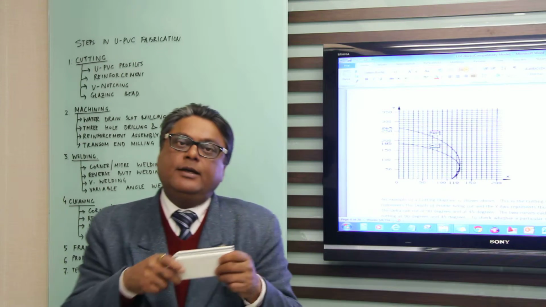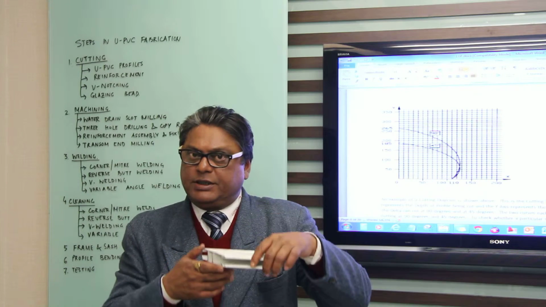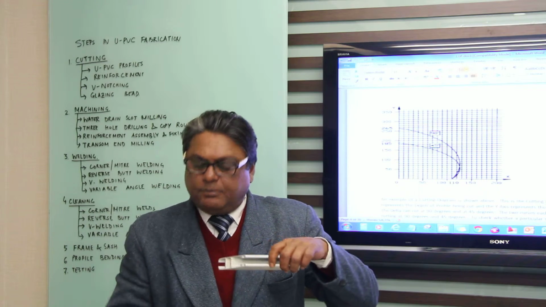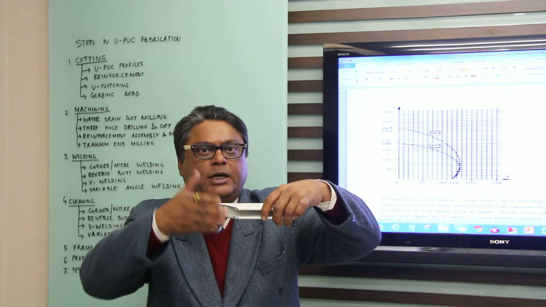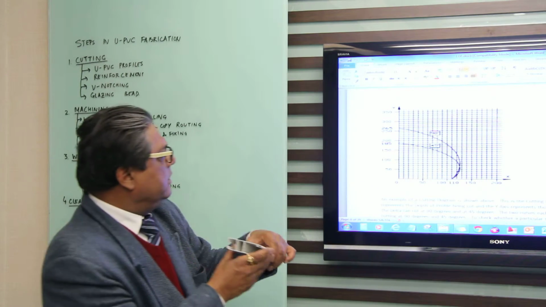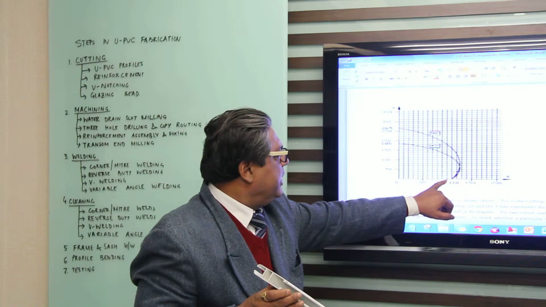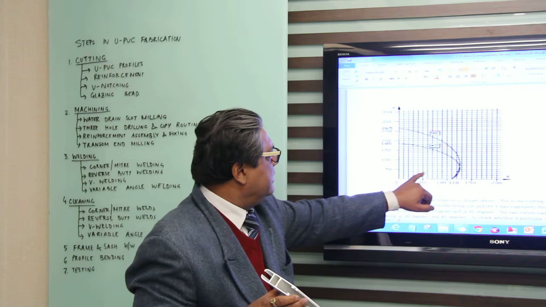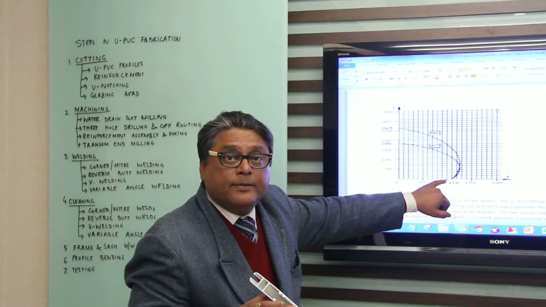Having decided that, see which saw you are talking of and how the profile would be resting on the table. If it's a bottom up, this is how the profile will be resting and this is how the saw will be cutting. In that case, this dimension, that is 110, would come on the x-axis and 30 millimeters would come on the y-axis, and this will be the work envelope, 30 by 110.